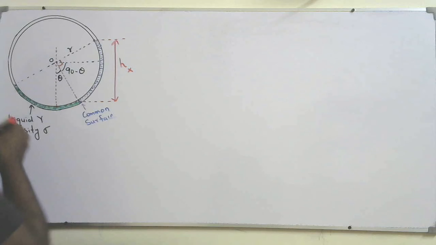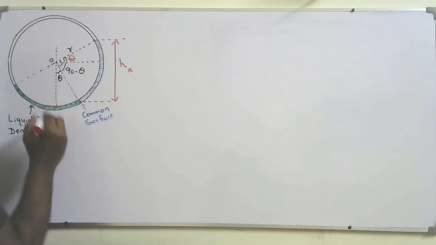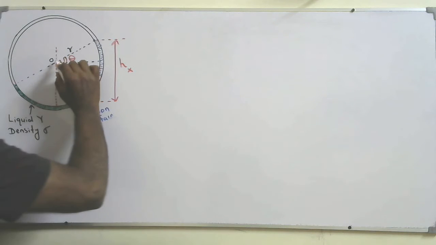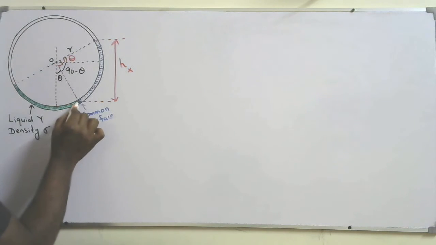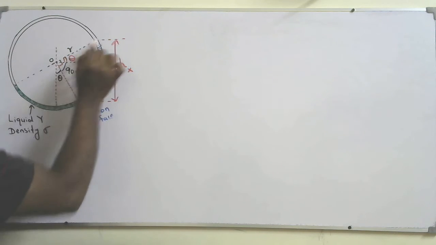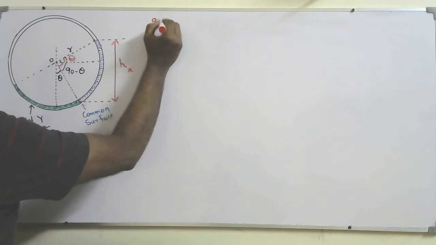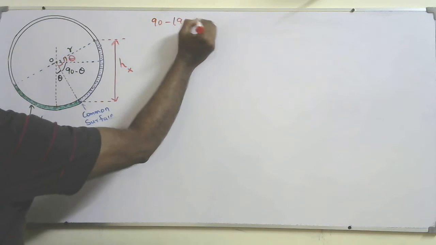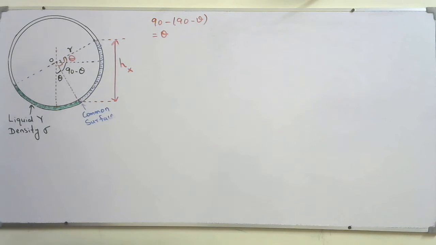This angle I can mark as theta, because the diameter and the line drawn from the common surface to the center are 90 degrees apart. This is 90 minus theta, so this angle will be 90 minus theta. That will be equal to theta. So this angle is theta.